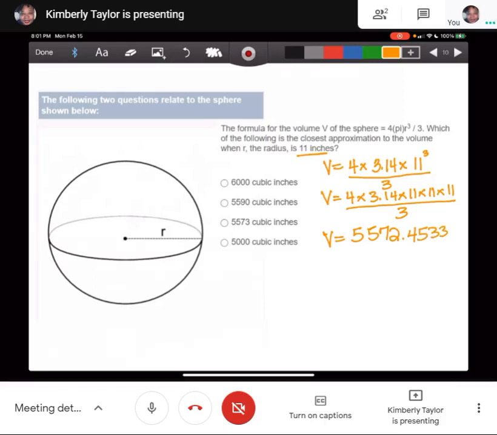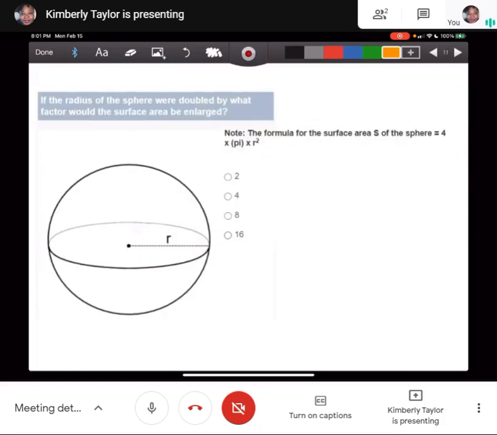Okay, so looking at your answer choices, you're going to pick this one, 5,573 cubic inches. That's the closest answer we have. And so they say, what's the closest approximation? And that's the answer we got, 5,573 cubic inches.